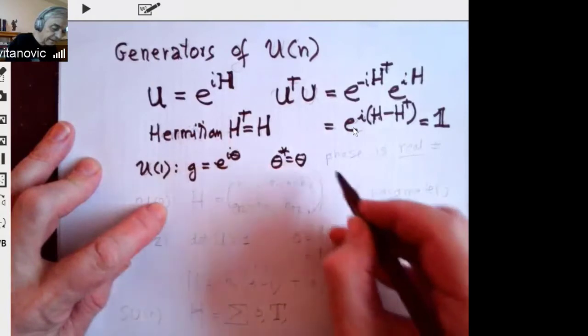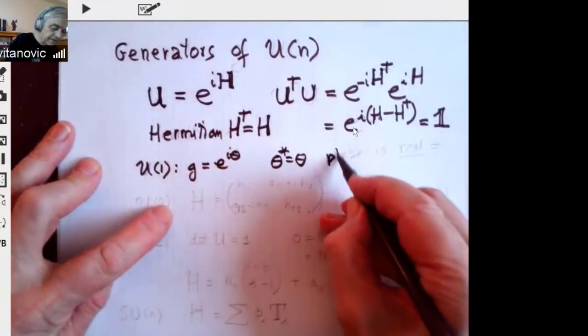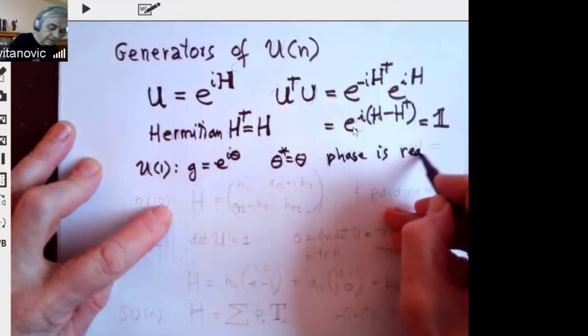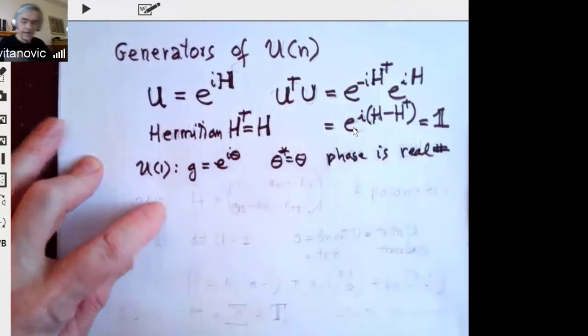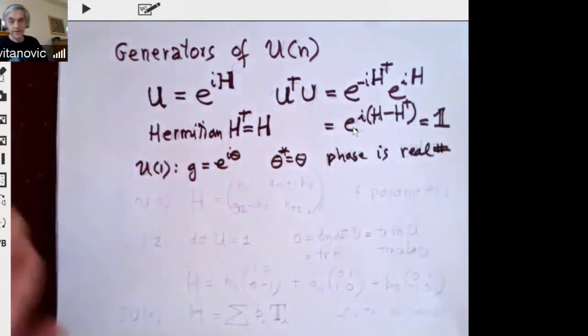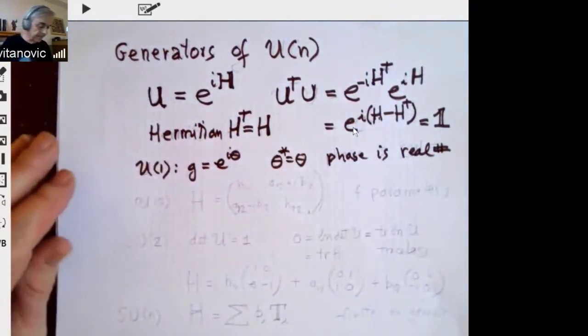It's just that the phase is a real number, but that was so natural, we barely mentioned it. Of course, the phase is a real number. It's an angle between 0 and 2 pi.